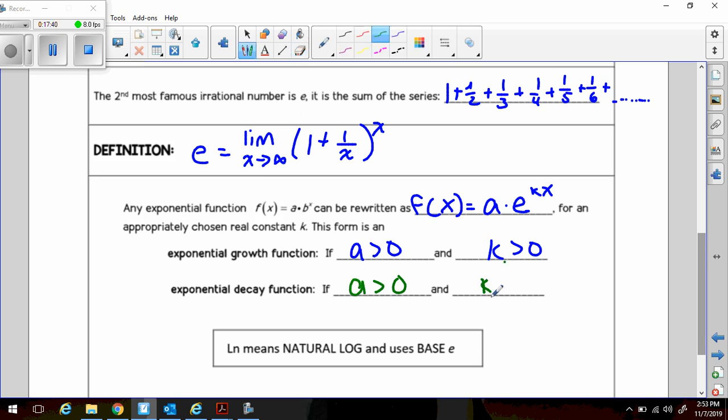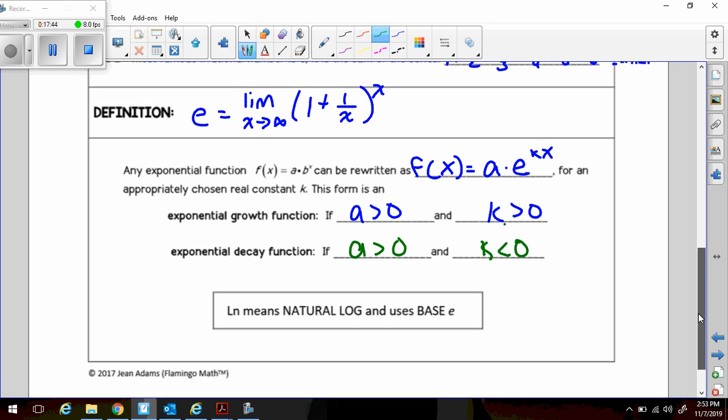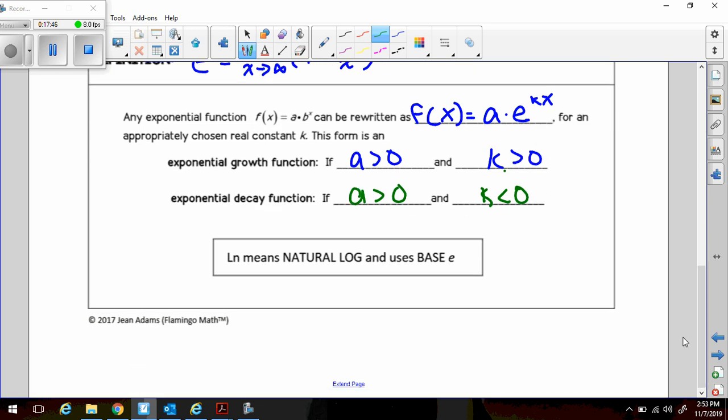Okay, this is going to be the opposite. The exponent is going to be negative. ln means natural log, and we have the base is e. It's a special one. We use it so much, we made a shortcut for log base e, and we say natural log. ln, natural log.